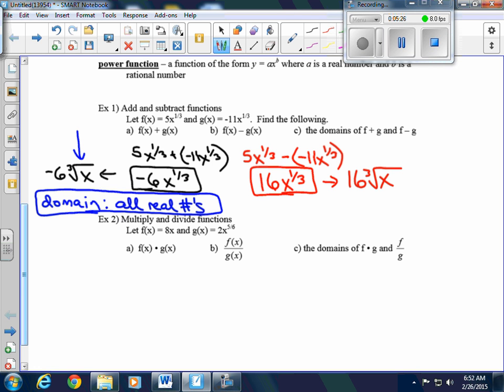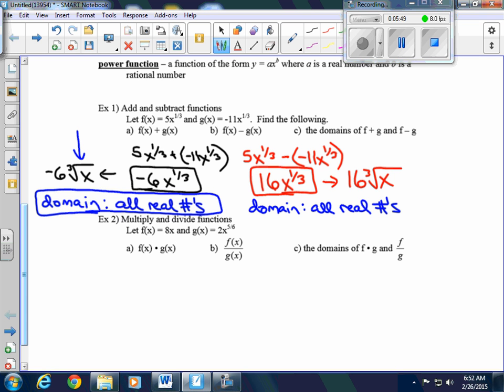Likewise, the second one is going to be the same. There are no values of x that I could put in here that would not make it a real solution. If I take the third root of 8, that's 2. 2 times 16 would give me 32. That's a solution.